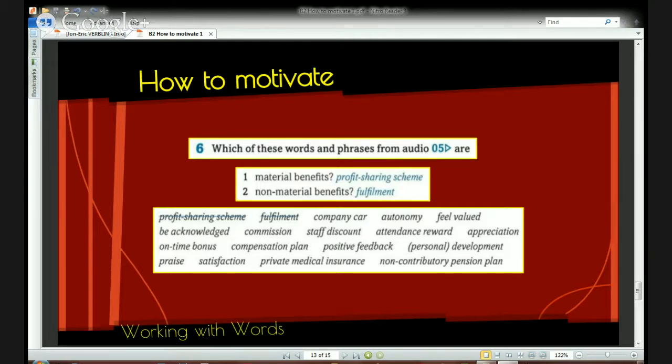It means that on top of that, the company is providing something. And again, non-contributory, who does not have to contribute? Who is exempt from payments? Who is the non-contributory party? Her or the company?